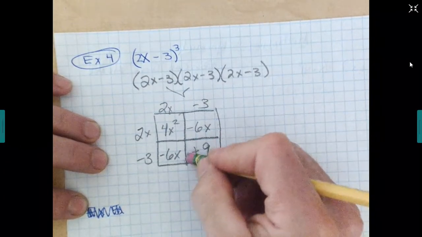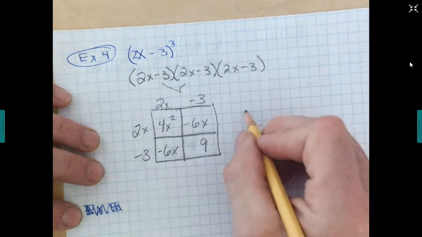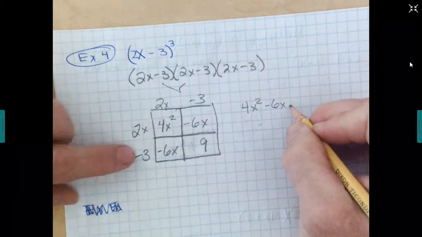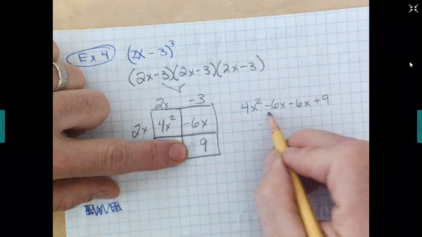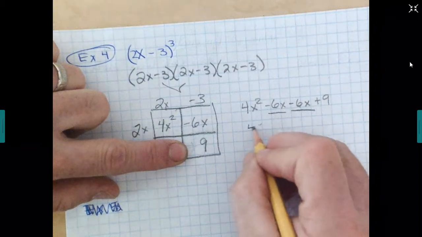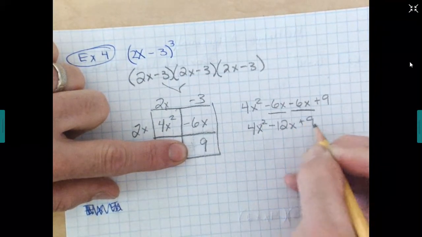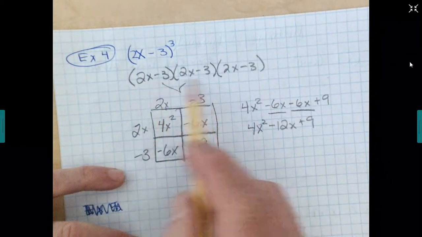I don't need the plus, because if there's no plus, I just know it's positive. Write this down: 4x squared minus 6x minus another 6x plus 9. Combine my two negatives, I get 4x squared minus 12x plus 9. So that is the answer to these two.